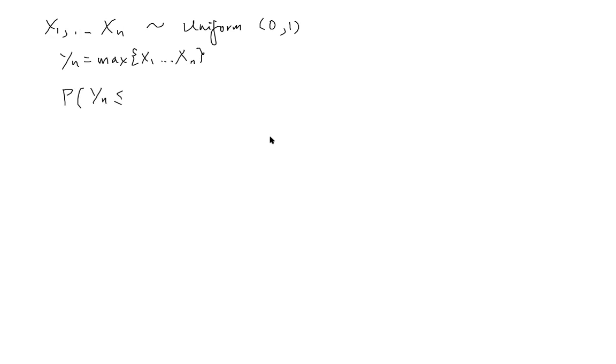Okay, suppose X1 until Xn are uniformly distributed between 0 and 1. So I'm interested in the max.